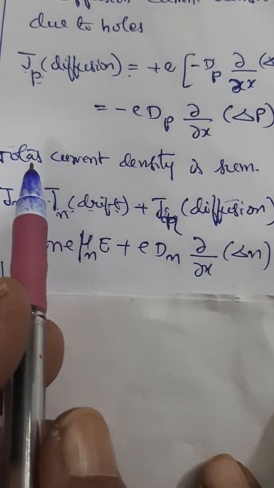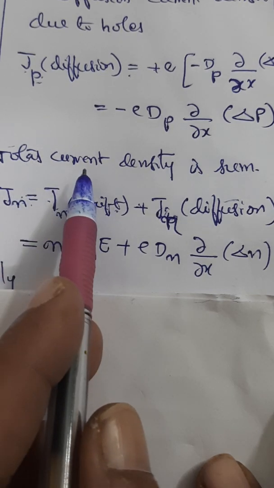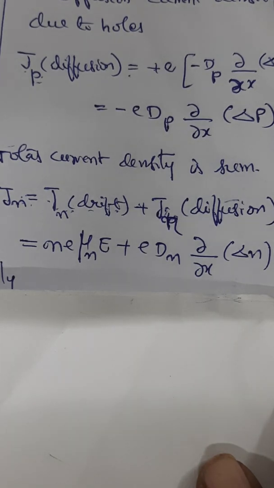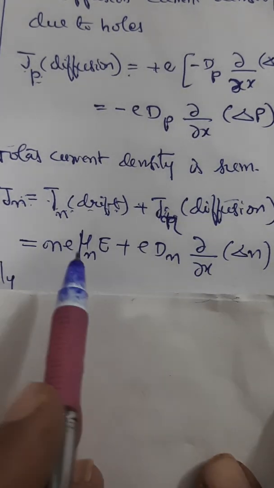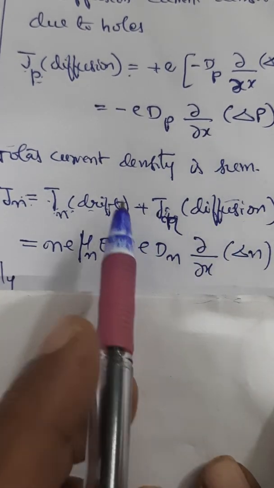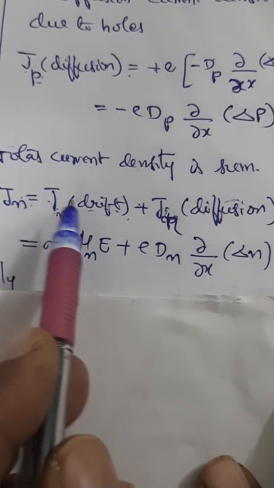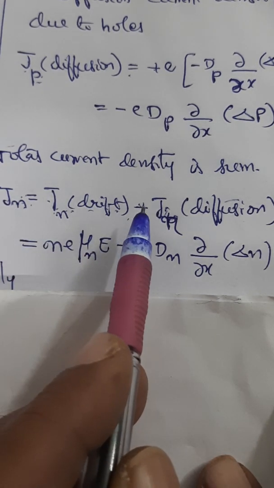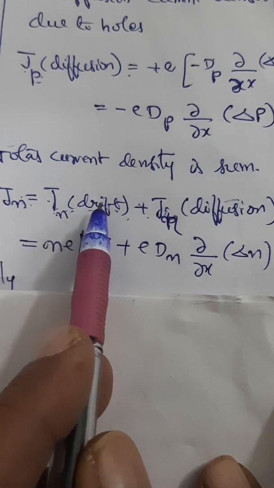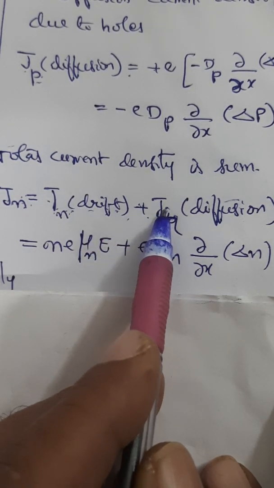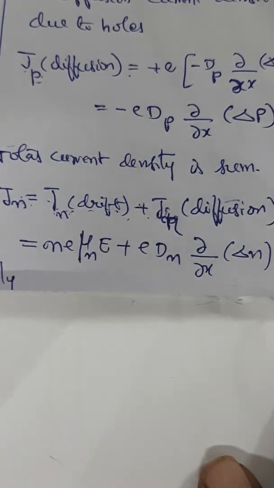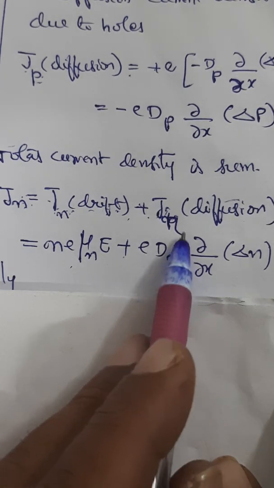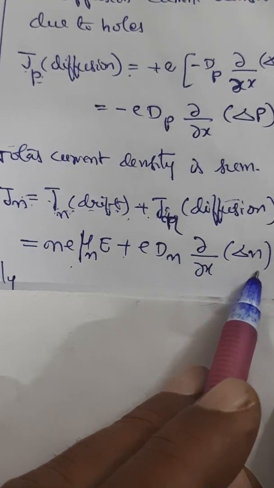But that is the second equation. In the first equation, we want to measure the current density due to electrons. Electrons give current density in two stages: a drift current density and a diffusion current density. So the current density due to electrons equals the sum of current density due to drift of electrons and due to diffusion of electrons. That comes to around n e mu n E plus e Dn into dou by dou x of delta n.